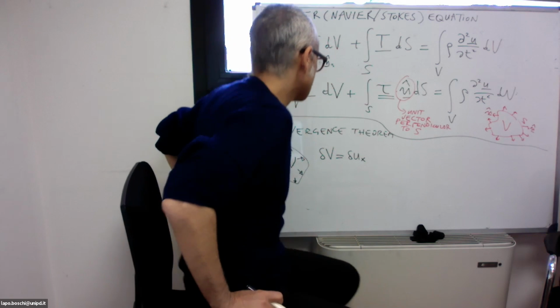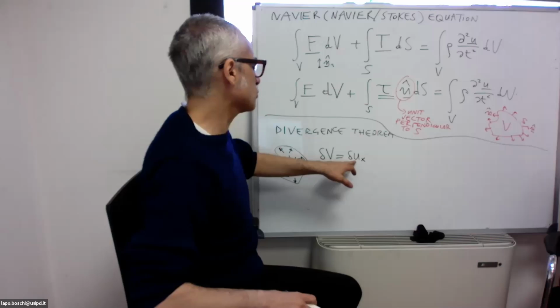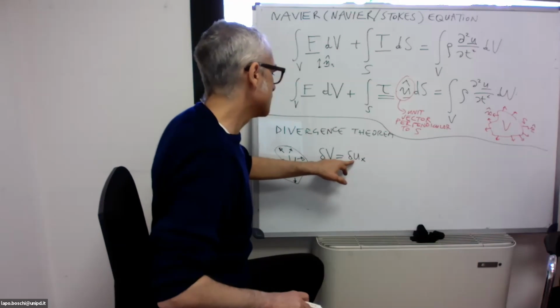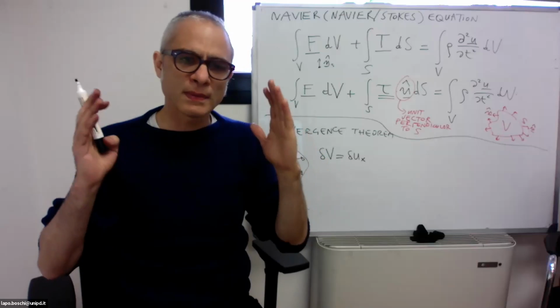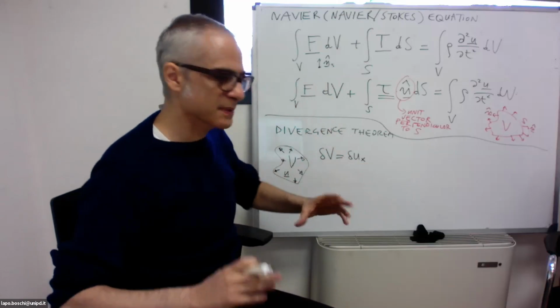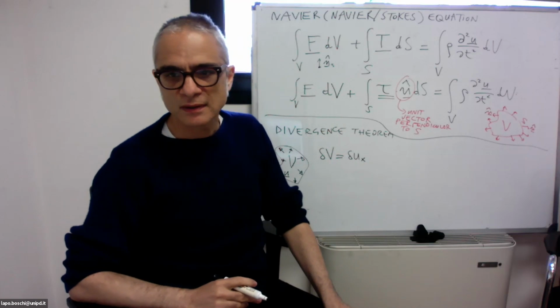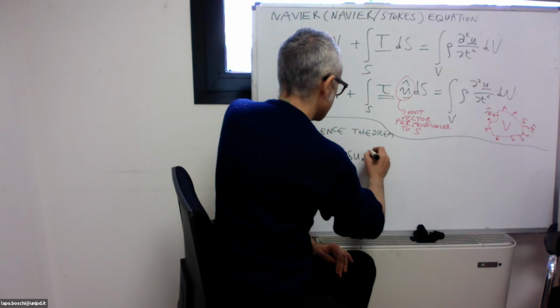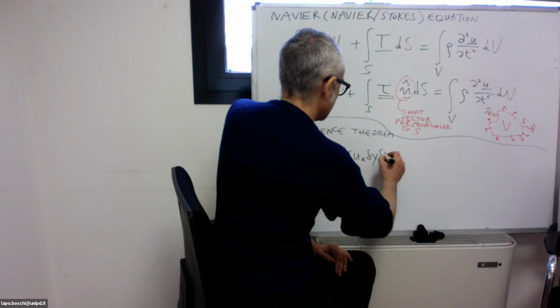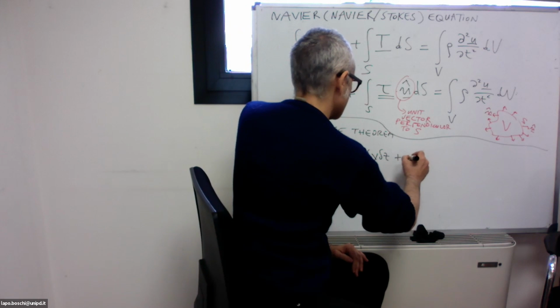Actually, no, that's not even true. We're not talking about necessarily small displacement, but remember, it's a change in the displacement across each cell. So that gave us, the other day, this relationship.